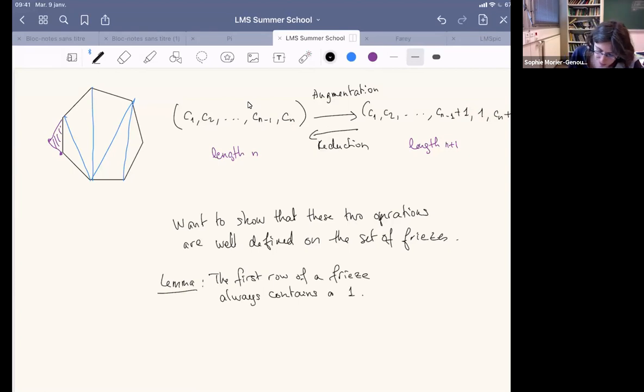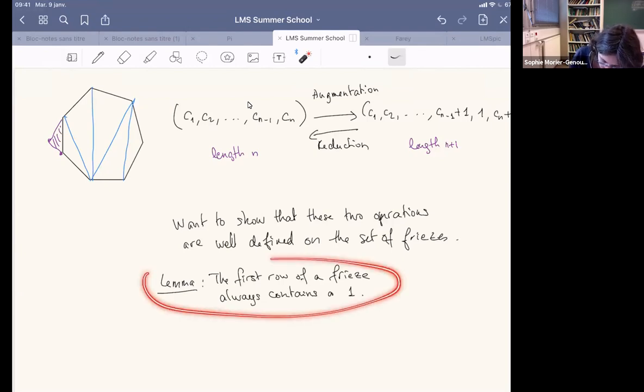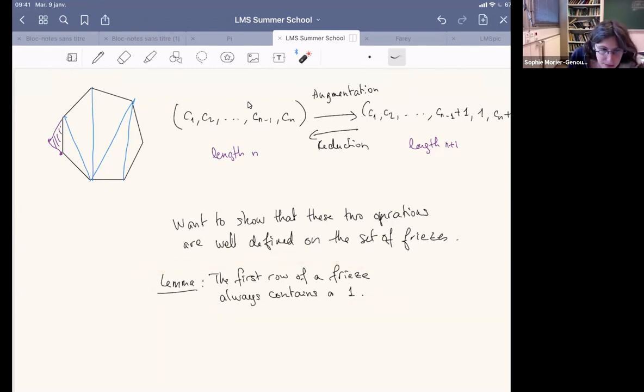All right. So again, we somehow also need this lemma in terms of quiddities. We need to say that in a quiddity sequence there is always a 1, but I will assume that it's an easy lemma. But this one is less obvious.